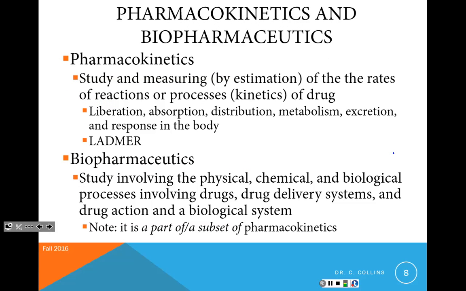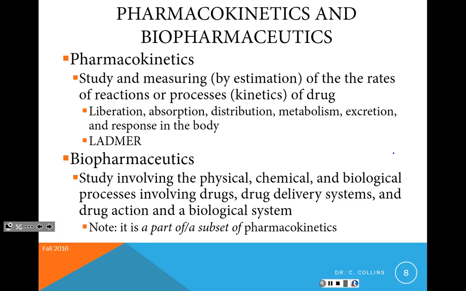So pharmacokinetics and biopharmaceutics. Definition. And this is adapted from a definition that's in your textbook. Study and measuring, and I added by estimation, because we make some assumptions, of the rates of reactions or processes of the drug. And the reactions and processes is what falls under the general term of kinetics.